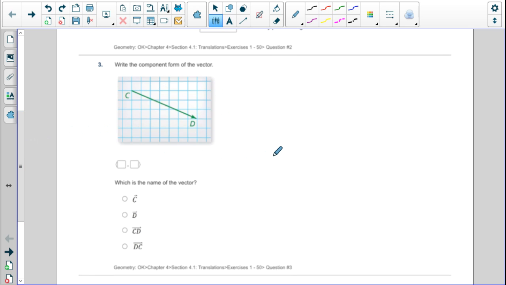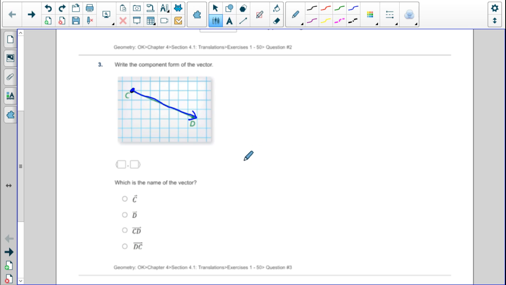Okay, so if we look together at number 3, it says write the component form of the vector. So again, it's going to start at C, and then it's going to go towards D, like this. So you can see the arrow, it stops right at that point right there.